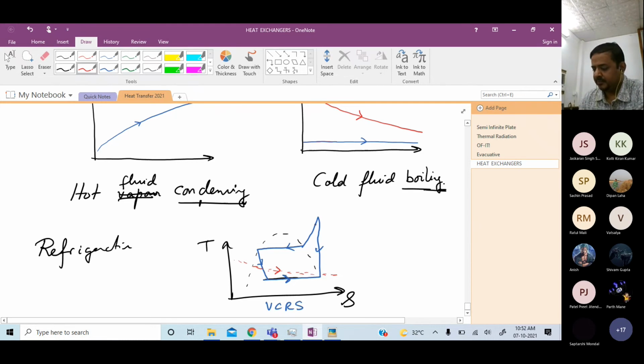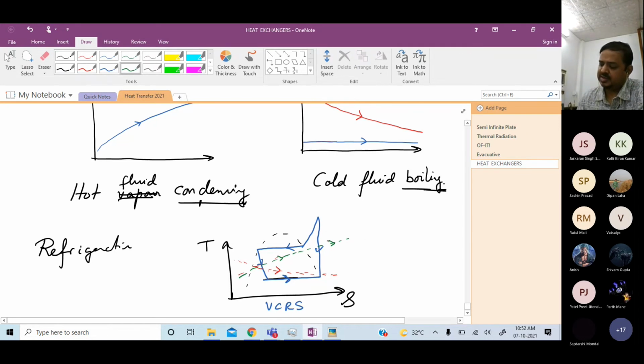And here what is happening? This heat is getting rejected, and as a result, let me use some other color. This is my outside ambient temperature, which absorbs the heat, and thereby the refrigerant condenses.